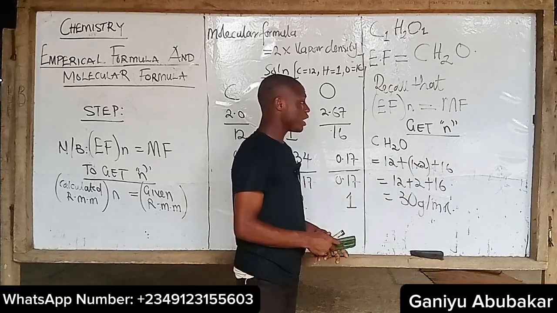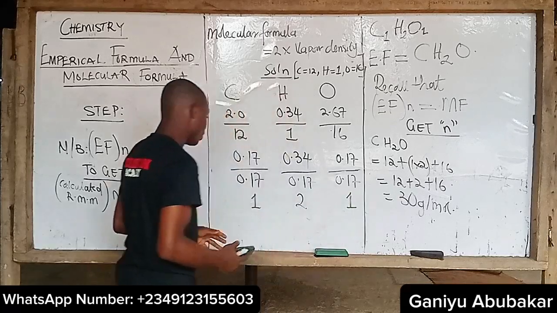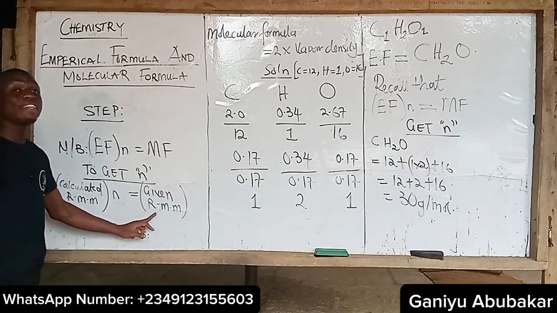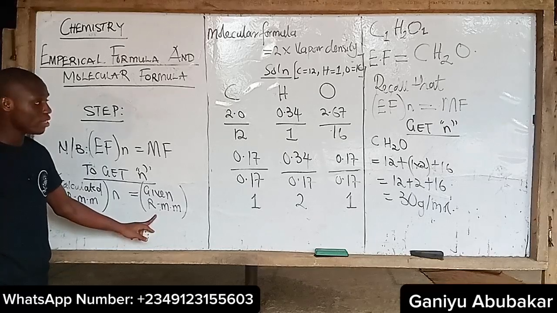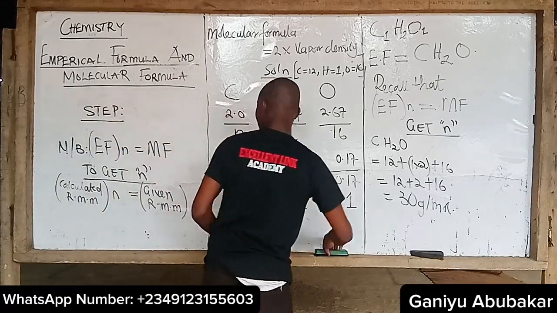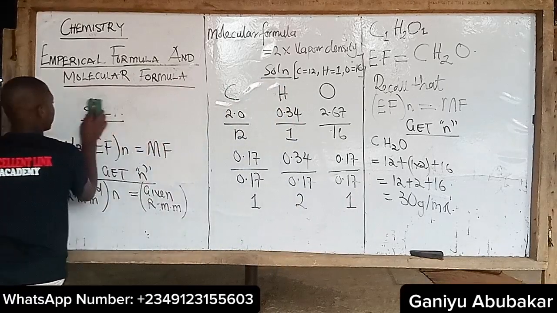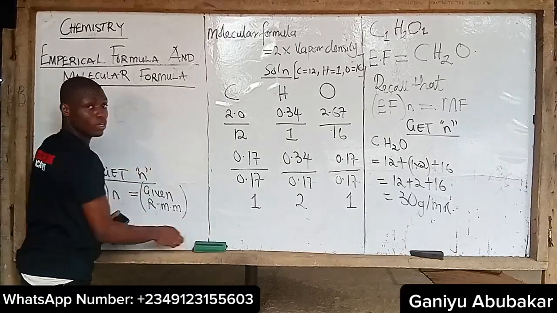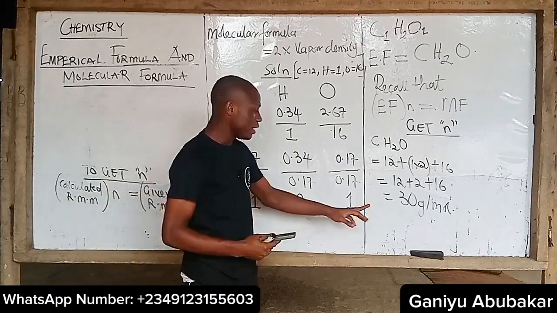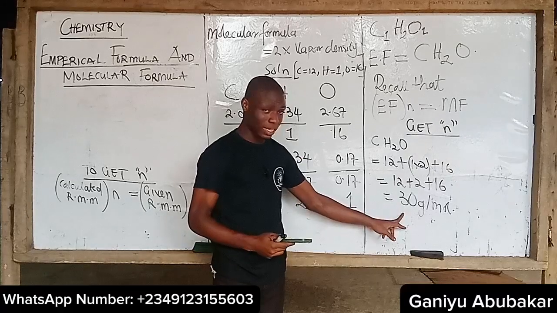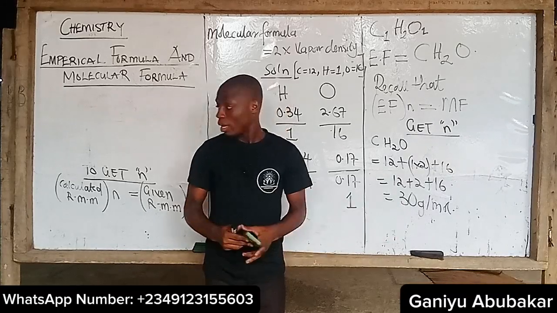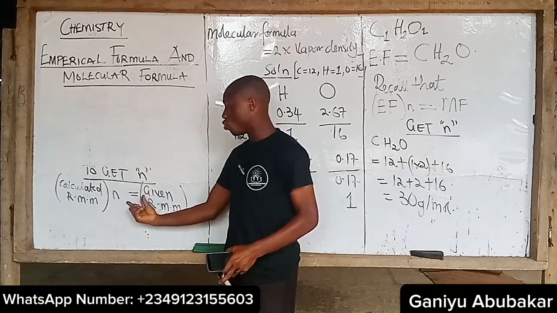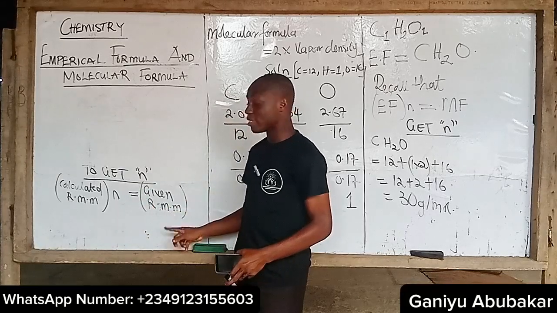So to get n, I need that value 30 times n is equal to the given, which is 60. This is the calculated relative molecular mass, multiplied by n, equal to the given relative molecular mass, 60.